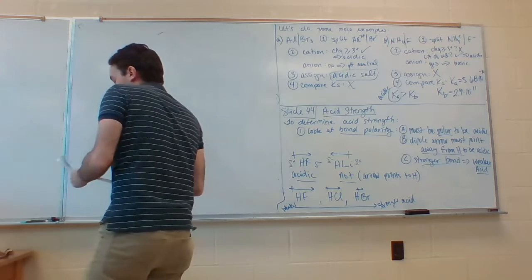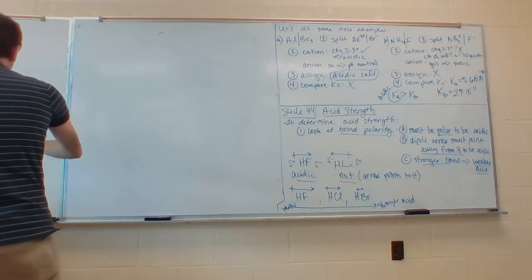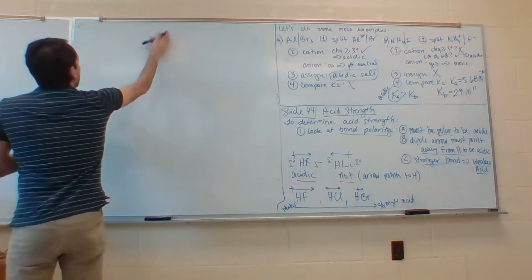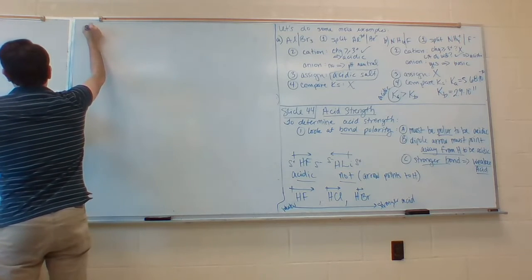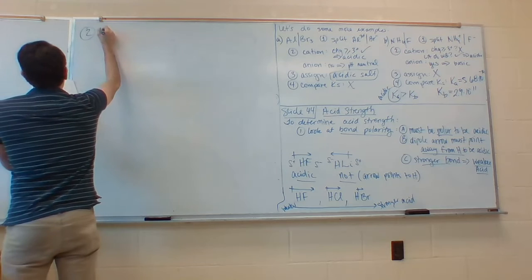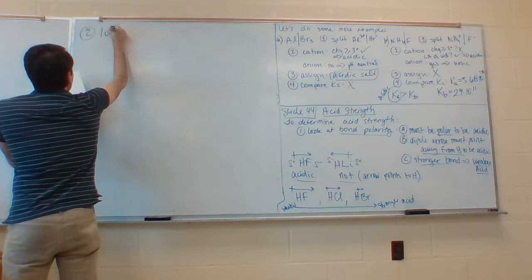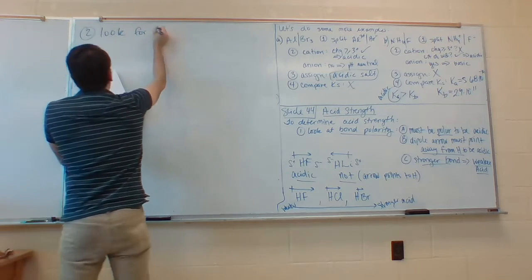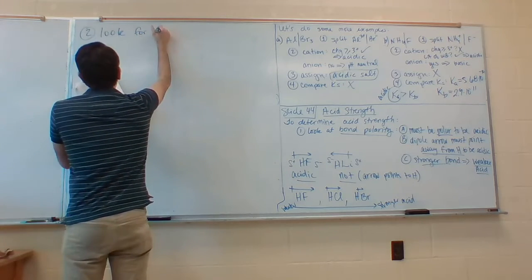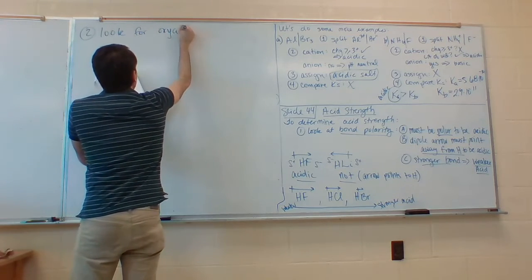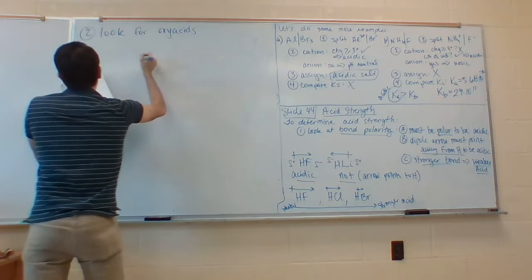Now, the next thing that I want to talk about is sometimes you can look at the structure, and say, okay, well, if I have an oxyacid, then I can compare those directly. So you're going to look for oxyacids. Don't worry, I'll explain what that means, right?